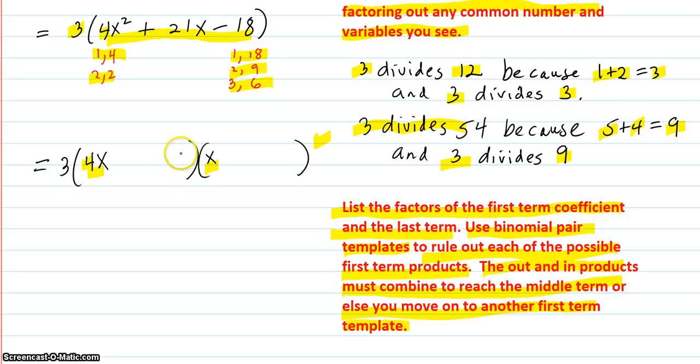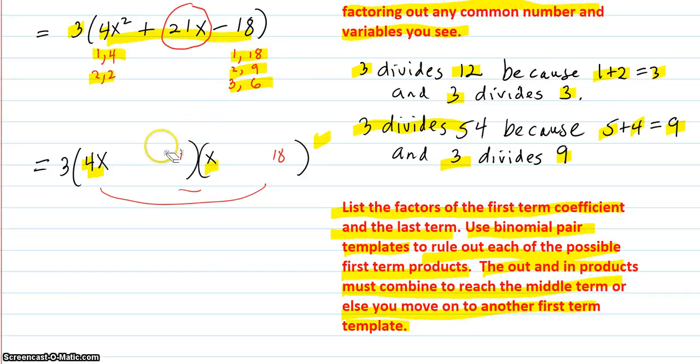1 and 18. Put it in there lightly. Check the out and in. The out is 72 and the in is 1. There's no way that reaches 21 by adding or subtracting, so that's out.